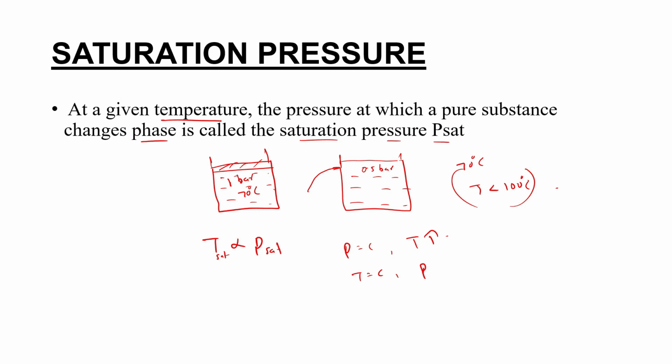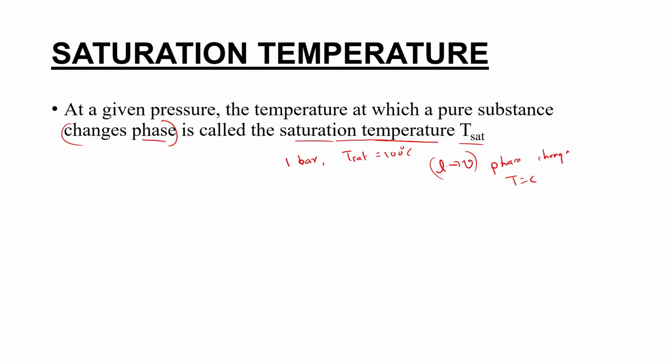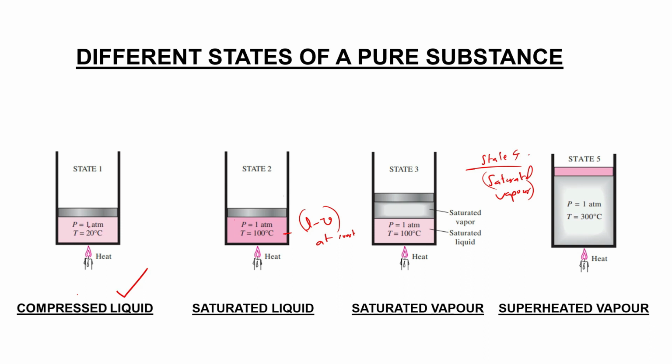So saturation pressure is defined as, at a given temperature, the pressure at which a pure substance changes phase is called saturation pressure. Okay, earlier we have seen the example of constant pressure heating. This thing can also be done by keeping the temperature constant. Here it is kept at 20 degrees Celsius, and you can change the pressure and you can observe the change in phase also.